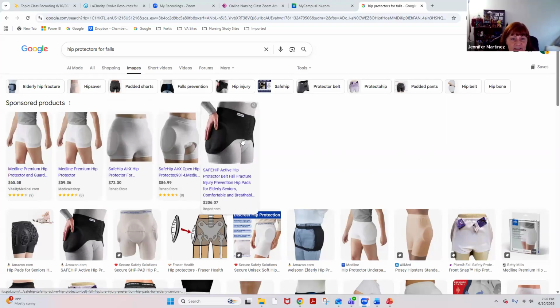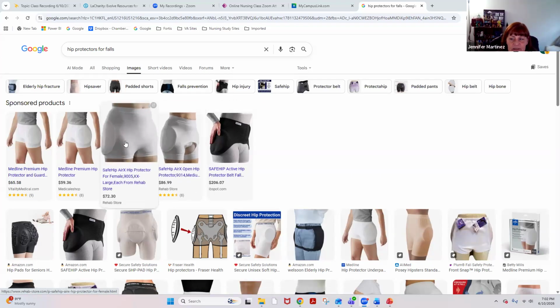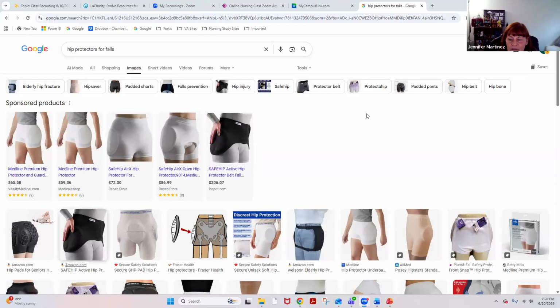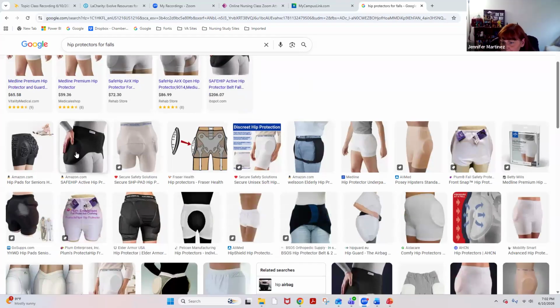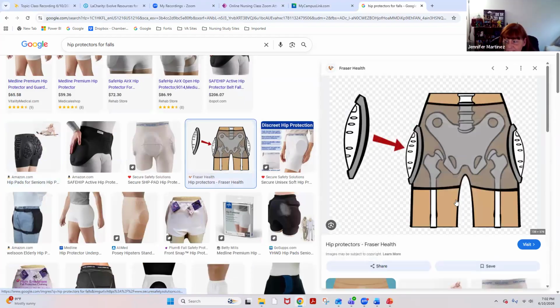But these are hip protectors. And they come in a variety. They come in an underwear type style, or they come in a belt style where they can put them on the outside of their clothes if they wanted to. They also come a little bit more intensive looking. But here you can see where the pads sit.